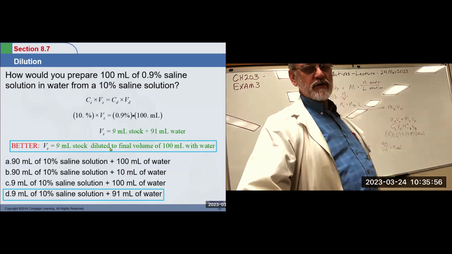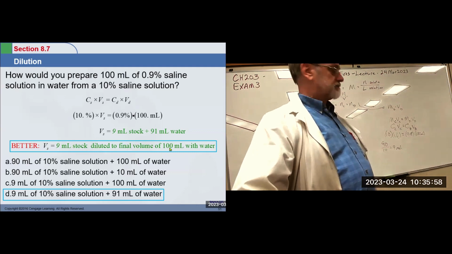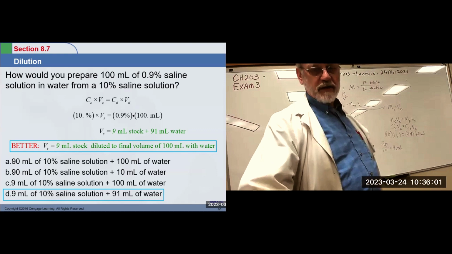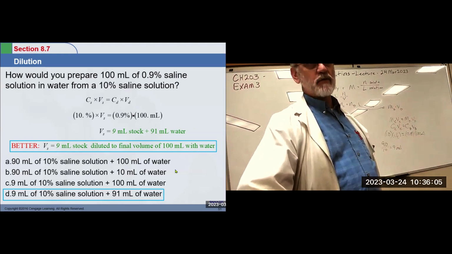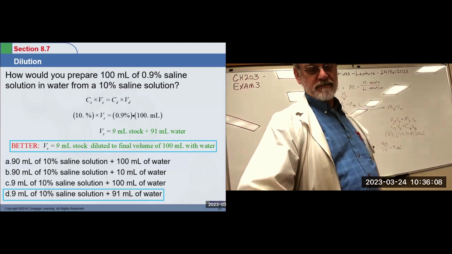It's better to do it to a known volume rather than adding a certain volume. Now, if you're only ballparking it, that's okay. But if you want to be accurate, use volumetric glassware.